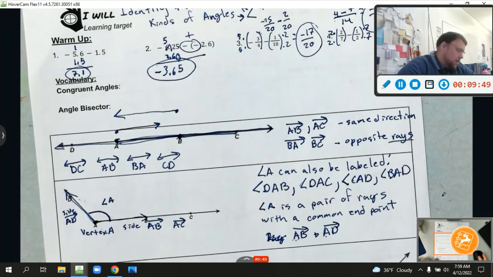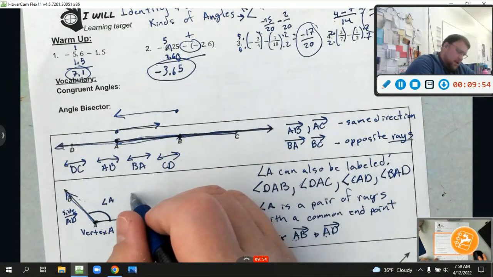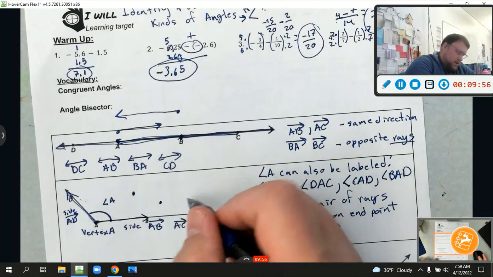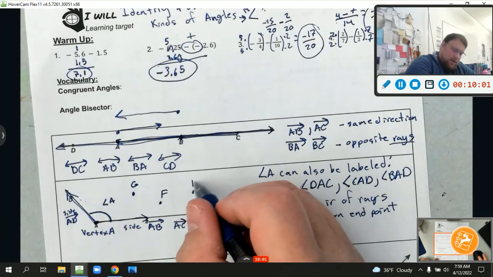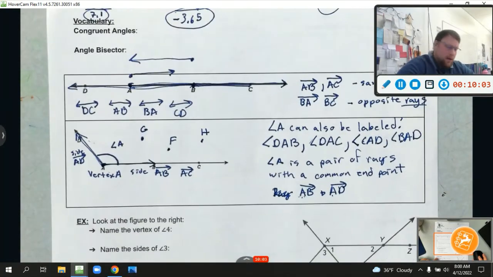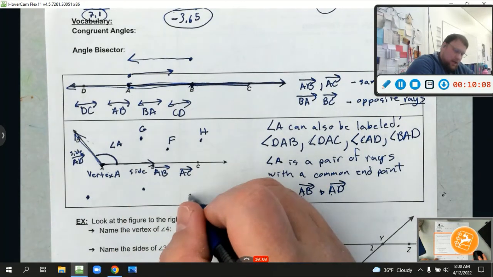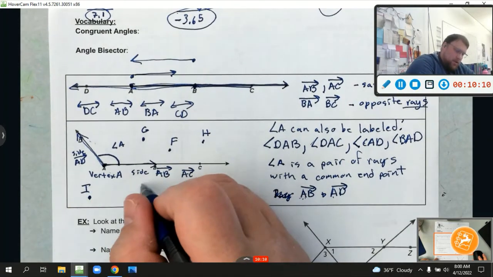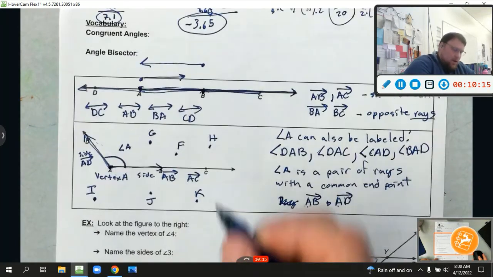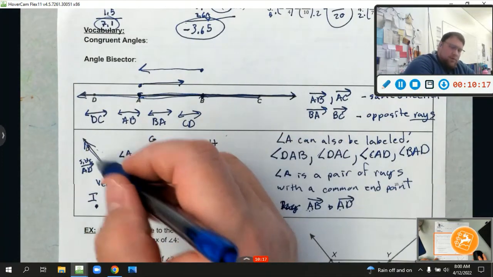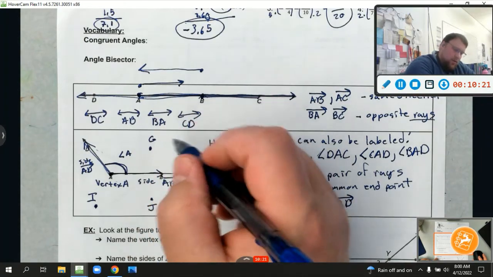Now, I want to put a couple extra points out here. Let's place them randomly. We're going to have G, F, and H. I'm going to put some more points out here: I, J, K. The fact that they're on the outside of the angle is what matters. These points would be considered on the inside of the angle, because angle A is this angle right here, denoted by that arc.